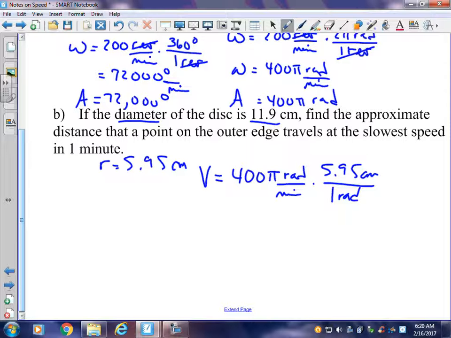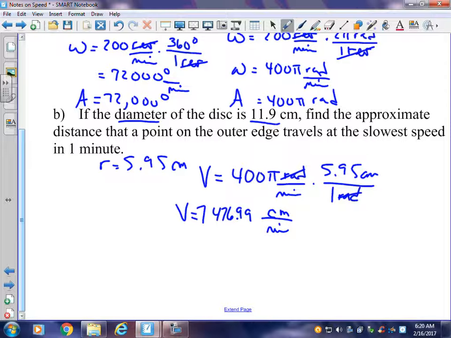So now the radians will cancel out. This will give us centimeters per minute. If we take 400 pi times 5.95, 7,476.99 is our velocity per minute.